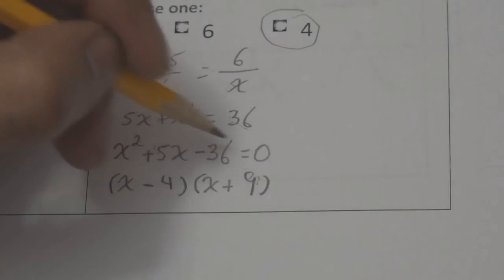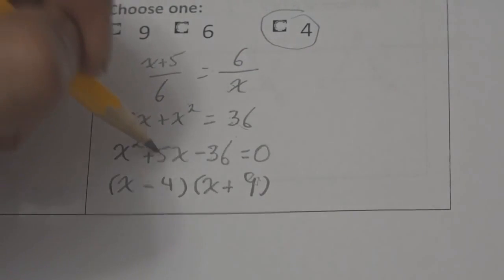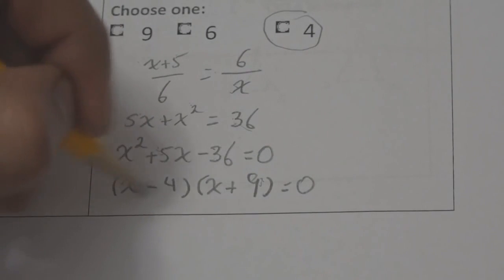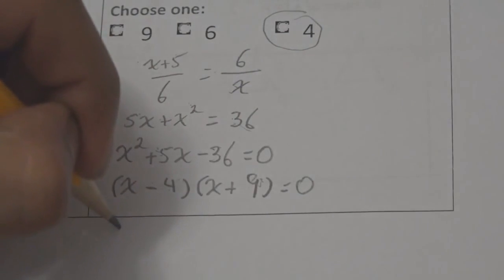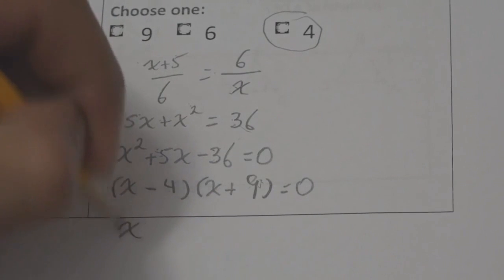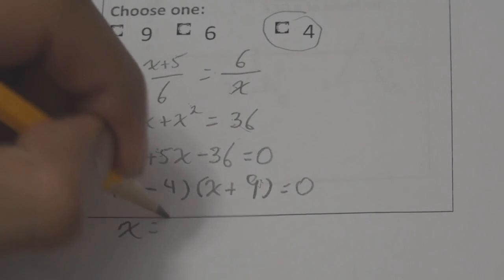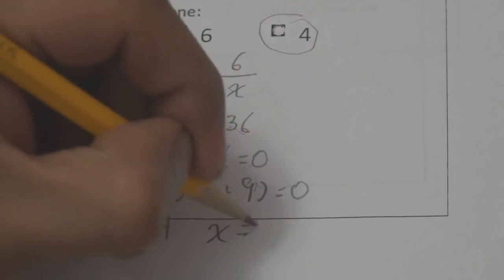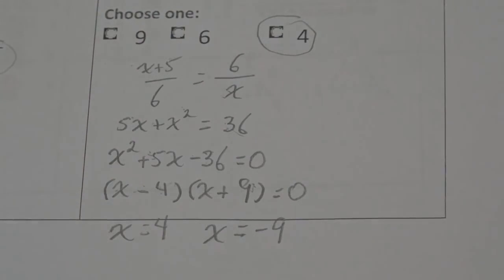Yep, negative 4 times 9 is negative 36, and negative 4 plus 9 is 5. And that is supposed to equal 0. Now I have to set each of these factors equal to 0, so not a problem. What number minus 4 is 0? Positive 4. What number plus 9 is 0? Negative 9.